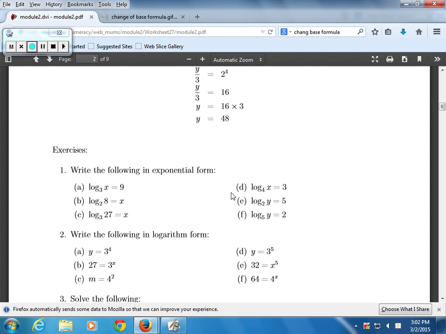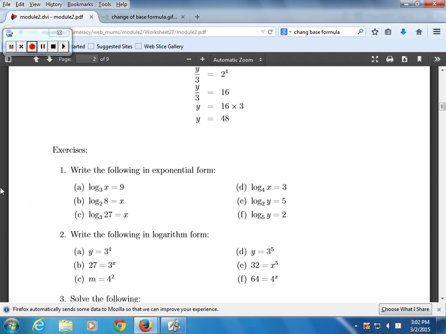Alright, let's take a couple of these. Let's do real simple A, B, and C. 1, A, B, and C right here.